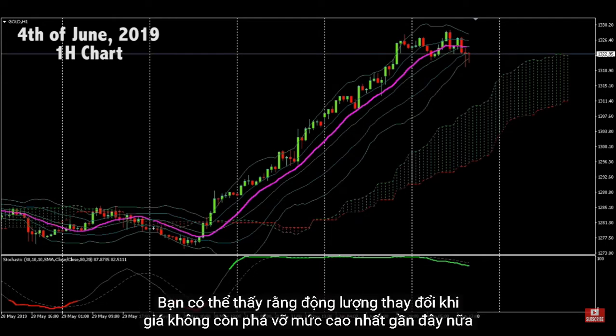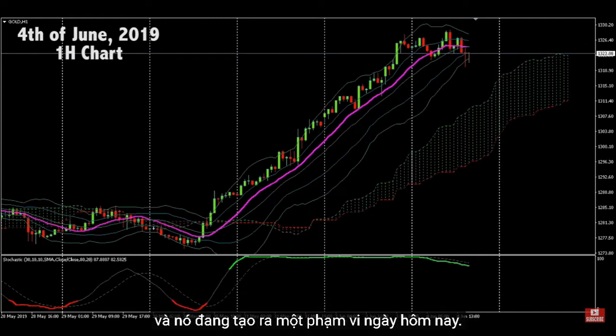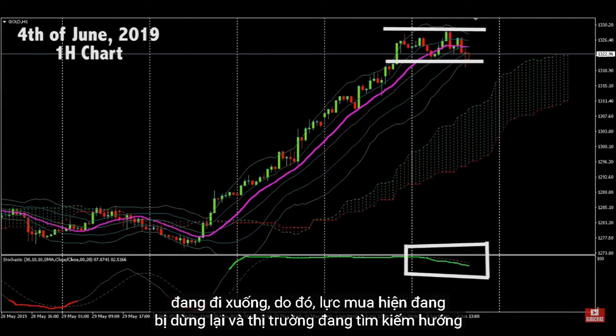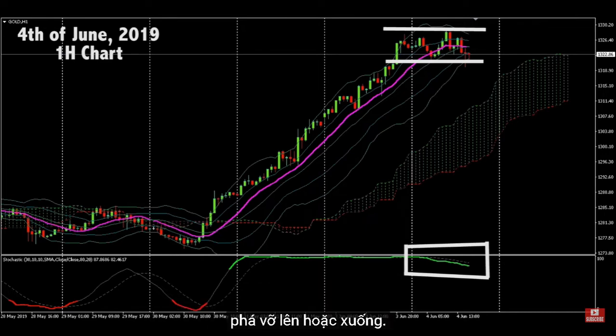You can see that the momentum changed as the price doesn't break the recent highest anymore, and it's been creating a range today. The Bollinger Band is squeezing and charging its energy for the next move, and stochastics is going down. So the buy energy is currently stopped, and the market is looking for a direction to break either upwards or downwards.